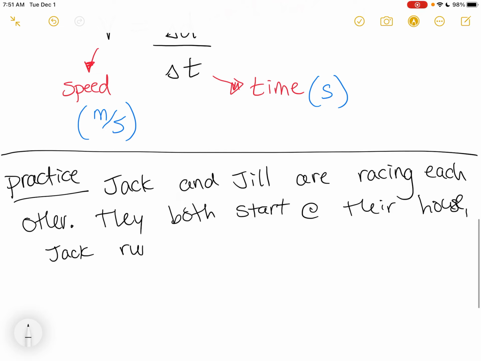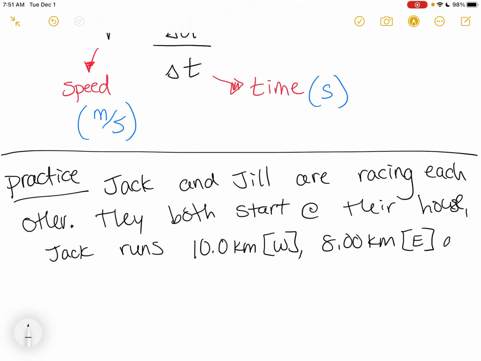Jack runs 10.0 kilometers west, 8.00 kilometers east, and then 6.00 kilometers west.